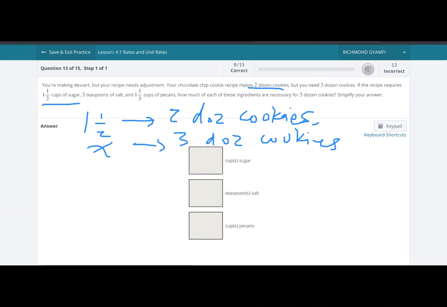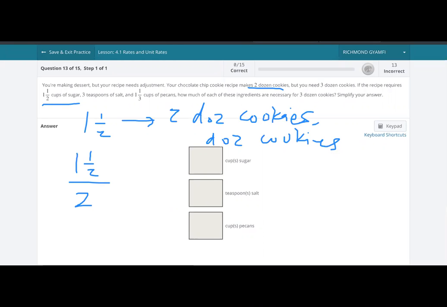So again, to set up a proportional equation, there are a couple of ways to set this up. But with what we've done so far, you should see that you could do this. 1½ cups of sugar divided by 2.